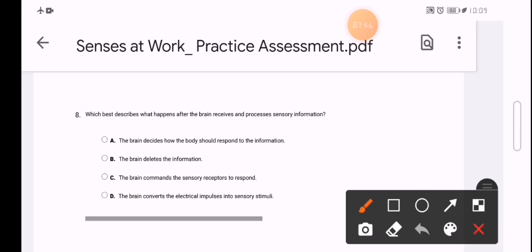The brain commands the sensory receptors to respond. Our brain can't order our sensory receptors to respond, because sometimes there is another organ that will respond.